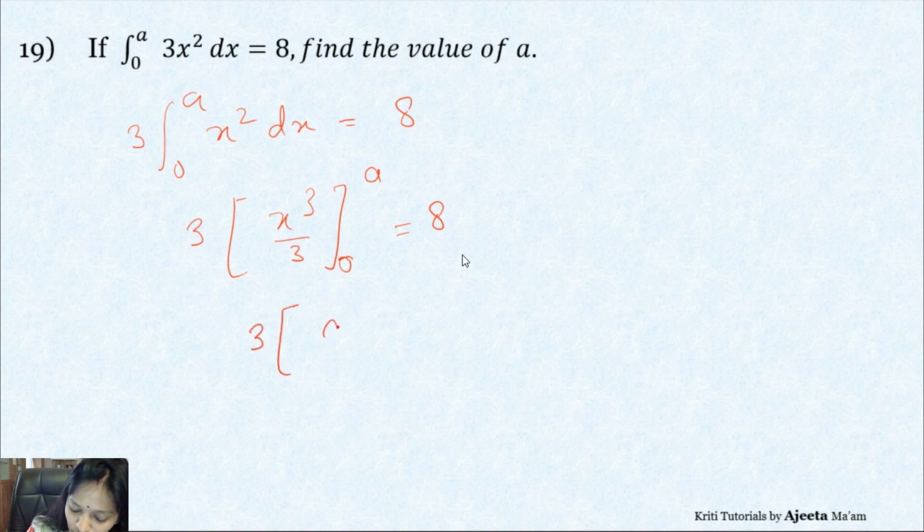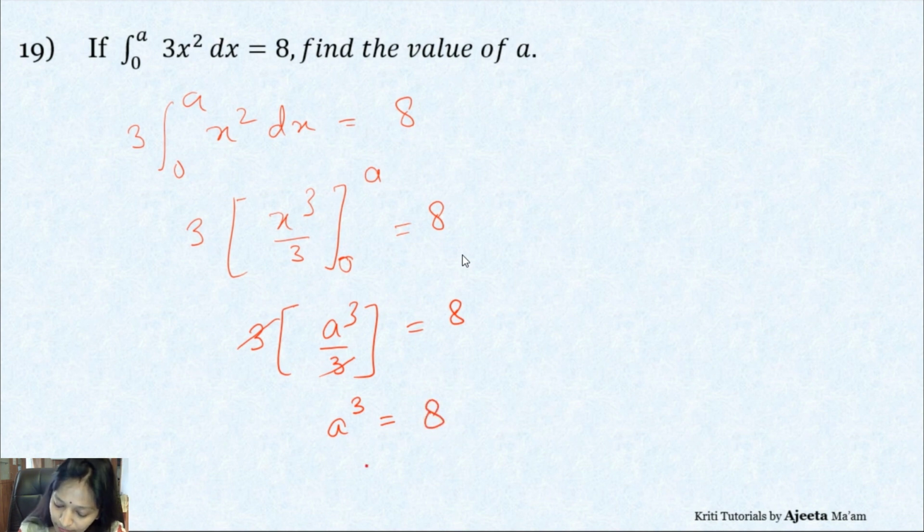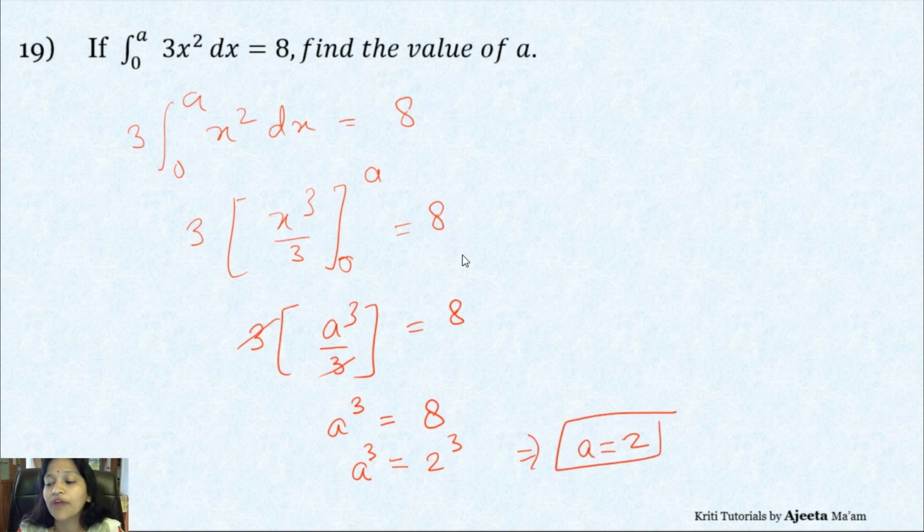So if you put the values, a cube by 3, 3 gets cancelled, and this is equal to 8. So what will you get? A cube is equal to 8, right? So now what will you get? A cube is equal to 2 cube. So what will be the value of a? A will be 2. So this will be your final answer.